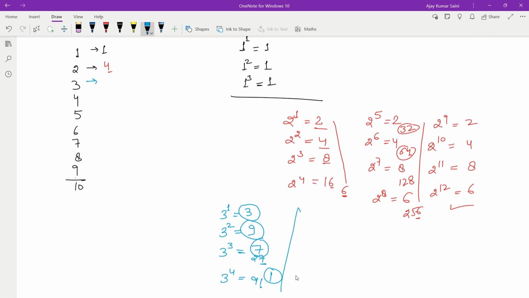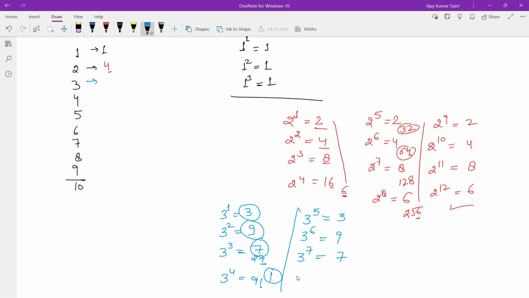After that they repeat. If the power of 3 is 5, the last digit is 3. If the power of 3 is 6, the last digit is 9. If the power of 3 is 7, the last digit is 7.